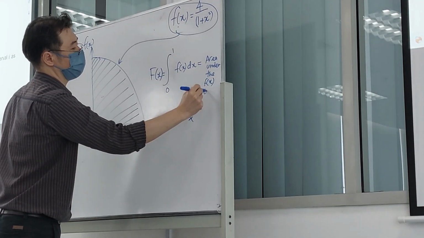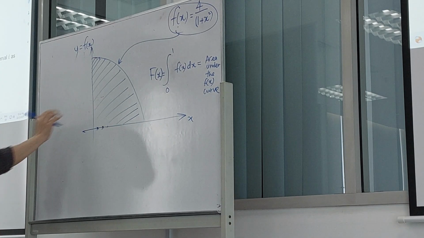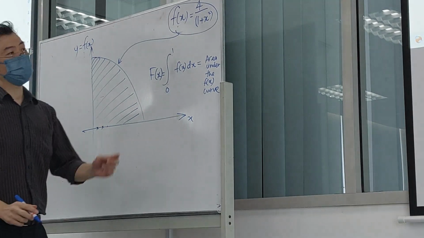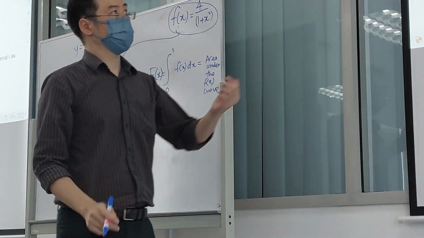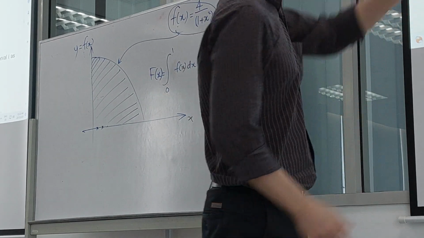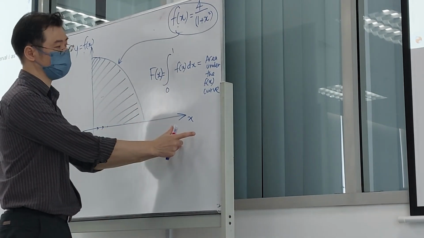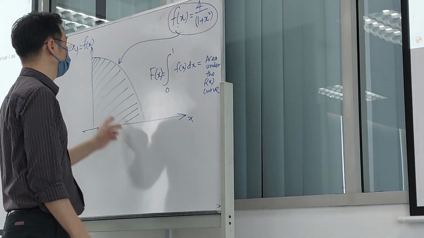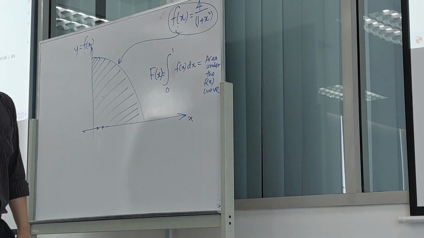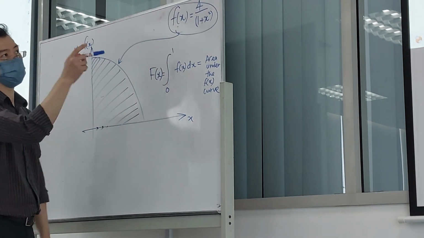That's the curve. This area. Alright? But then of course, if you use calculus, if you know how to convert this, you will convert this integration of this function into another equation. And then you plug in these two values, you get the answer. But of course, that one you need to solve the function if you know how to do integration.